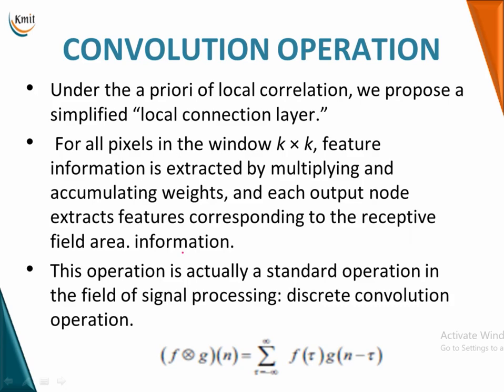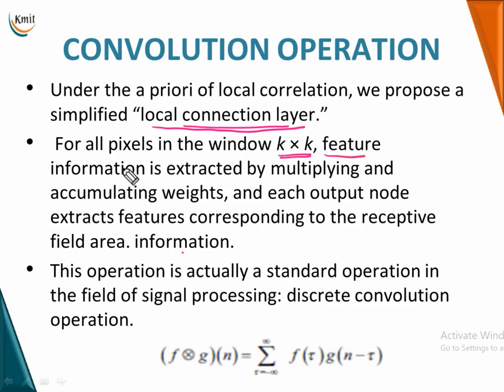So now we are going to see the convolution operation. Under the priori of a local correlation, what are we going to produce? We are going to produce a simple layer which we call a local connection layer. Now for all the pixels in the window of k by k, which is your receptive field, which I already defined in my last topic, what features are present inside that image of k by k?